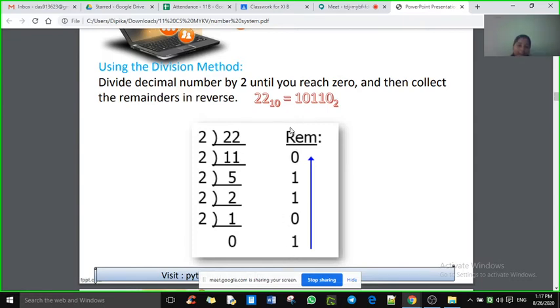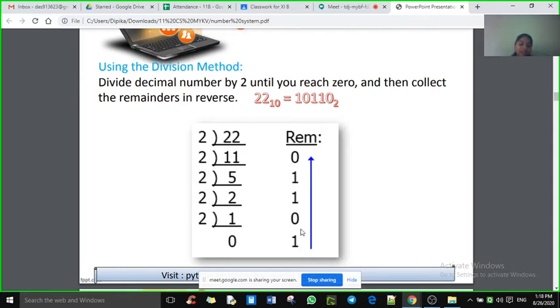So I will collect all these remainders in the reverse order. Remember, if you write them in the forward or ascending order as you get the remainders, that will be the incorrect answer. So remember the direction of this arrow and collect all these numbers in the reverse order. So what will be the result?